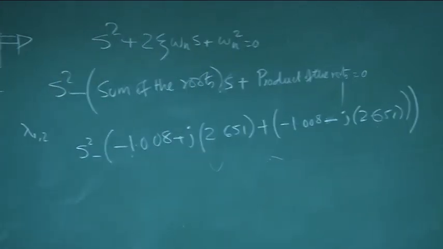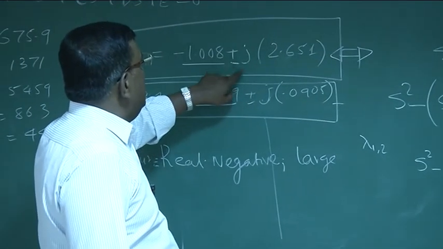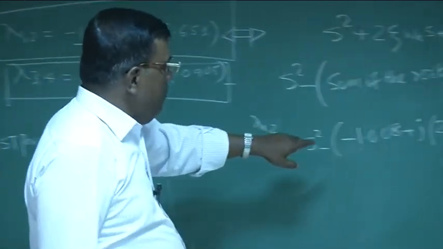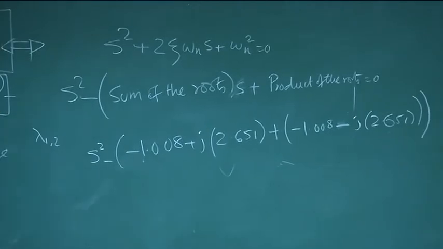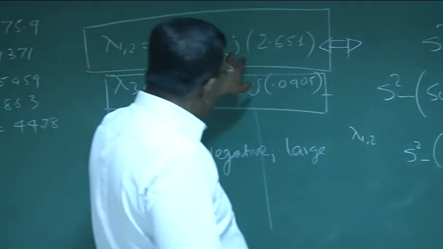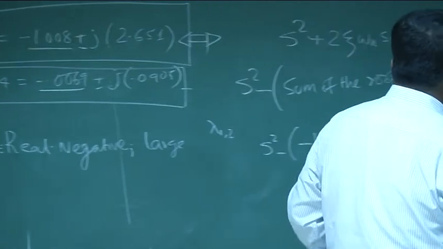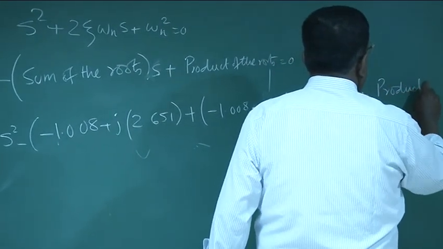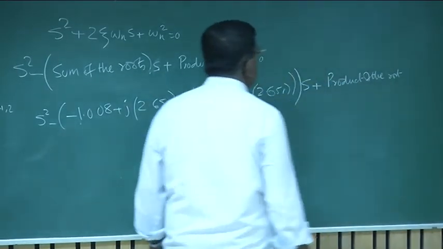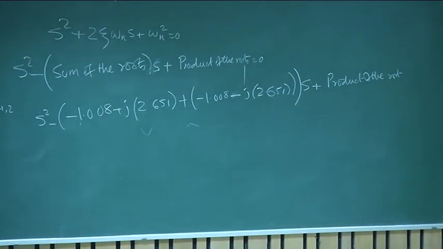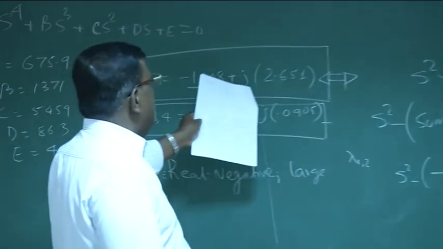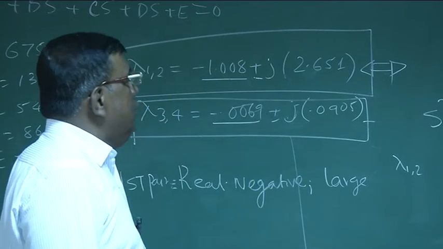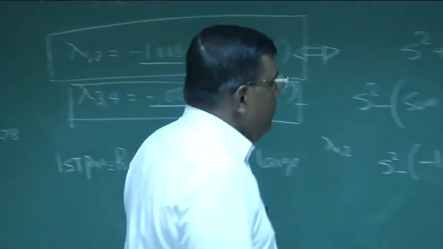The roots are minus 1.008 plus or minus j 2.651, a complex pair. So one root is minus 1.008 plus j 2.651, and the second root is minus 1.008 minus j 2.651. This is the sum of the roots into s plus the product of the roots. How to find the product of the roots? It will be minus 1.008 plus j 2.651 into minus 1.008 minus j 2.651, equal to 0.